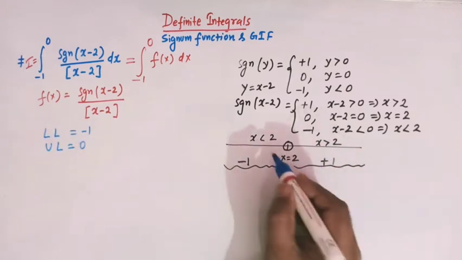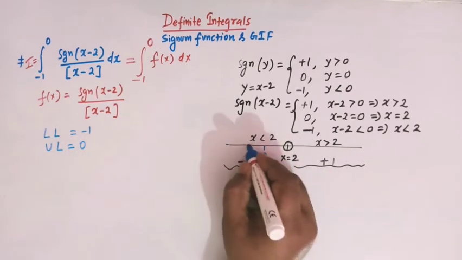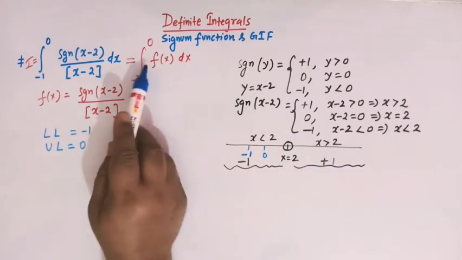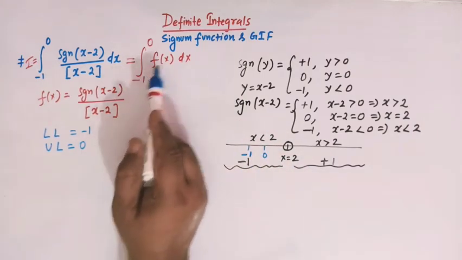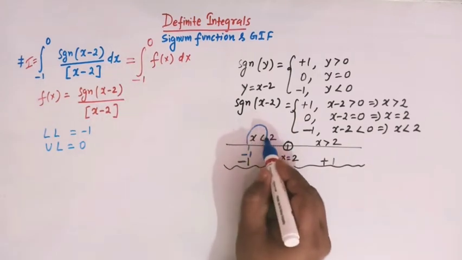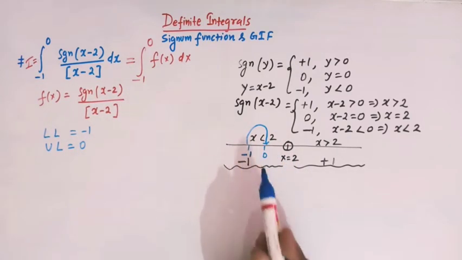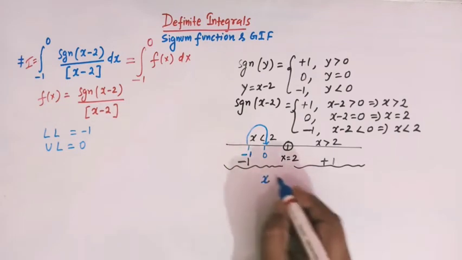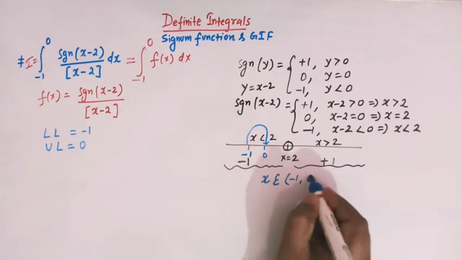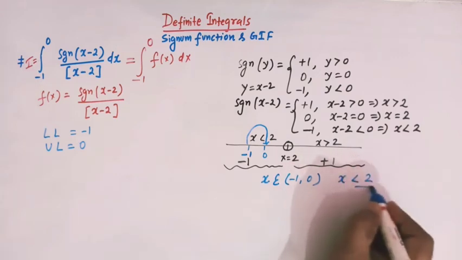We have to integrate f of x from -1 to 0, and when x lies in the interval -1 to 0, all the values of x are less than 2.